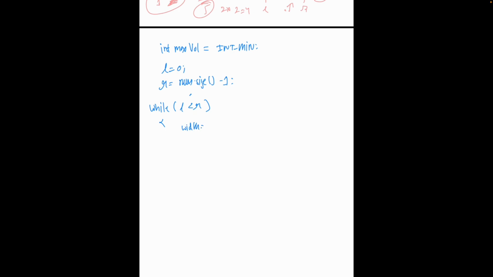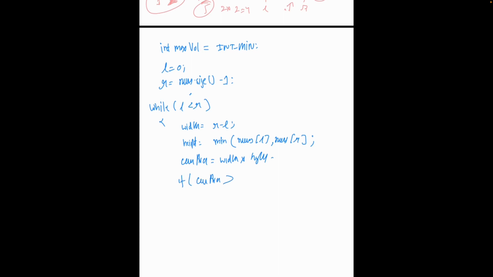Width is equal to R minus L, that's easy. Height is equal to minimum of nums L comma nums R. Then current area is equal to width times height. If current area is greater than max area, then we found a new max area, which will be current area.